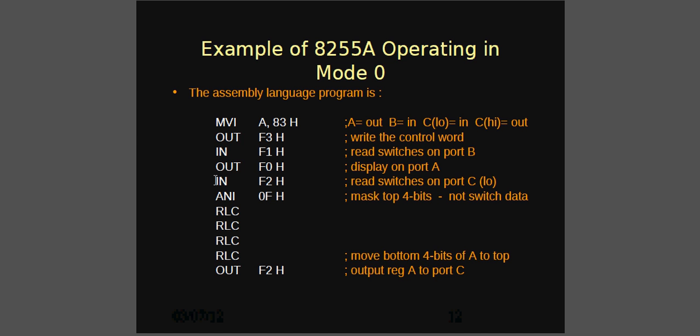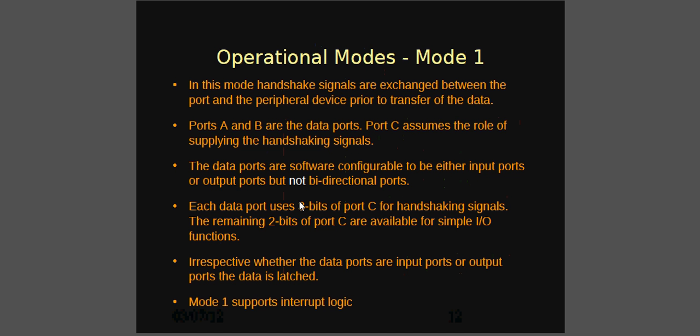So this is just the example, and you can go through it to understand how you can send the settings to communicate with the input and output devices by using 8255.